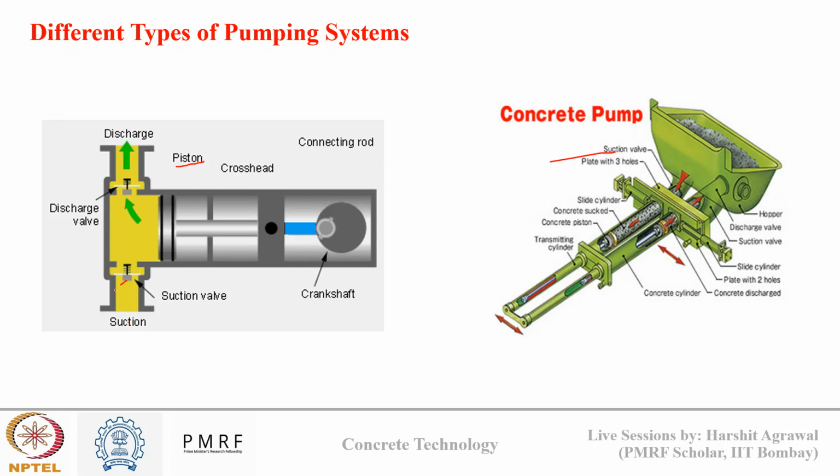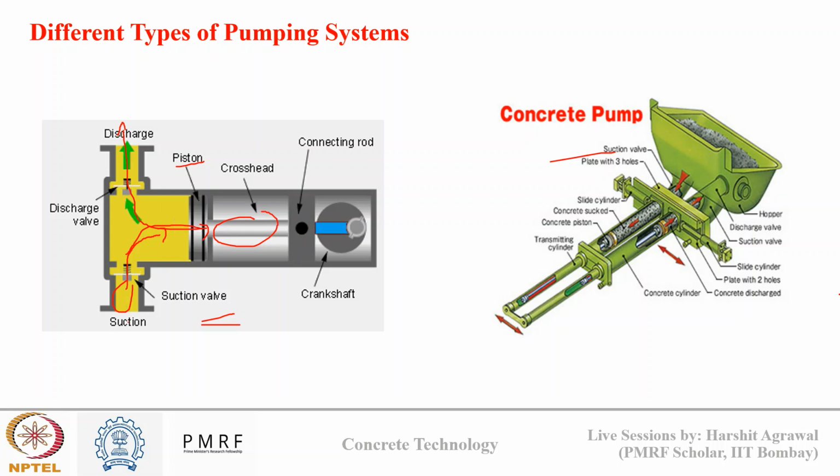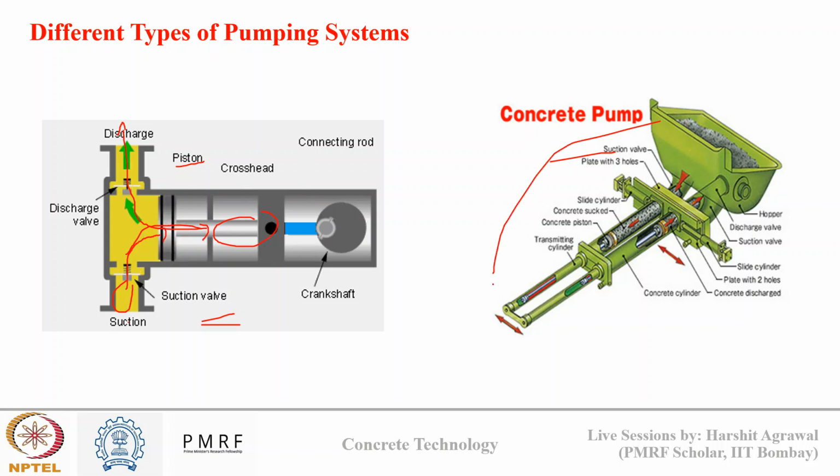Like you can see here, from here my concrete is entering. This single piston is sucking the concrete inside here, and then it is pushing it for the discharge. So this is a single piston concrete pump. It is simple and cost effective. And in this drawing you can see a double piston concrete pump.